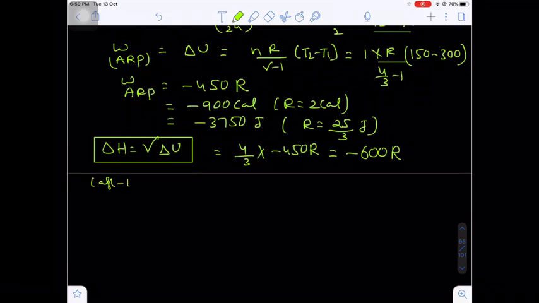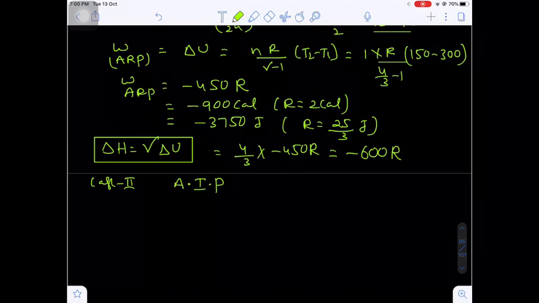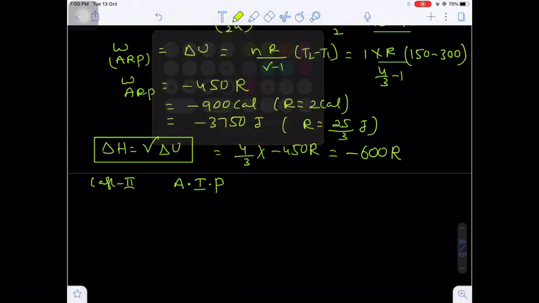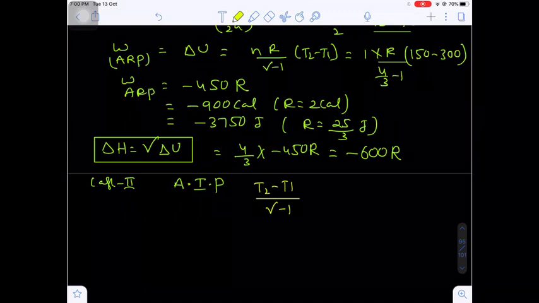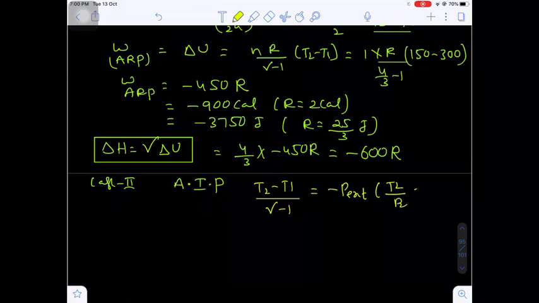But in the question, there is a second part: the adiabatic irreversible process, where we have to calculate the work done, del U, Q and W. In the irreversible process, I already explained what relation we have to take: T2 minus T1 upon gamma minus 1 equals minus P external into T2 upon P2 minus T1 upon P1.